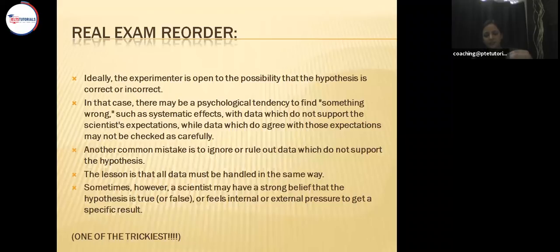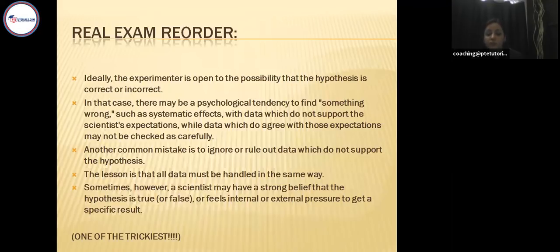Ideally, the experimenter is open to the possibility that the hypothesis is correct or incorrect. When I'm dealing with something, I can feel that, whatever I'm doing, is it correct or incorrect?